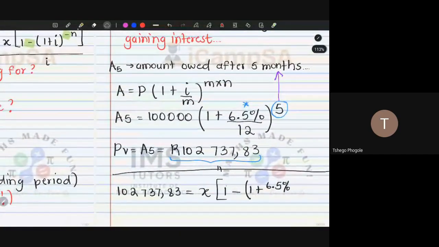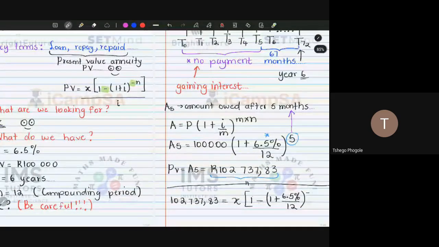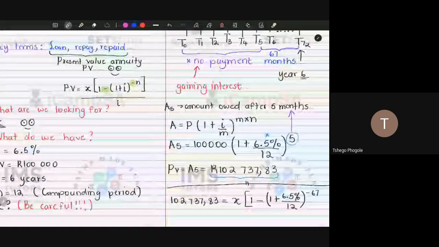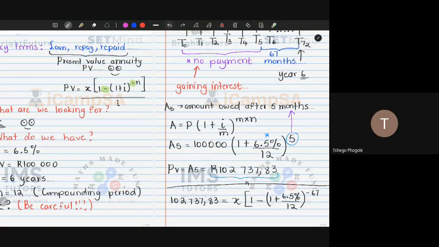Remember, guys, you can ask if it doesn't make sense. This is compounded monthly. And then here I will put minus 67 because those are the number of payments that we need to make to finish this loan. Does that make sense, guys?